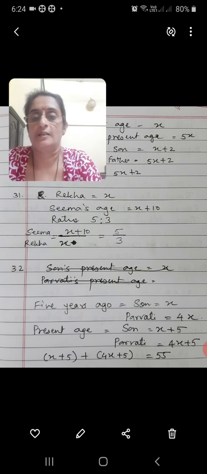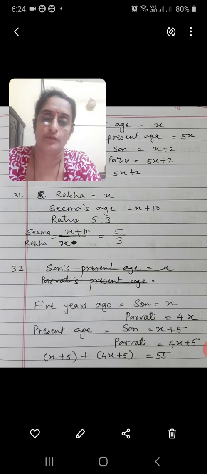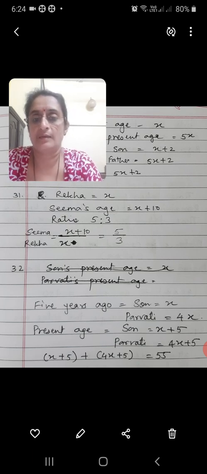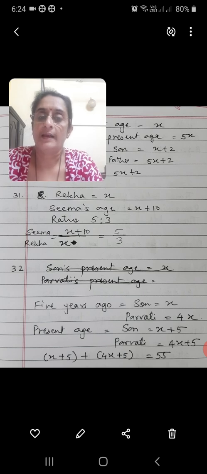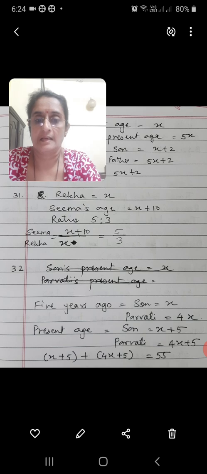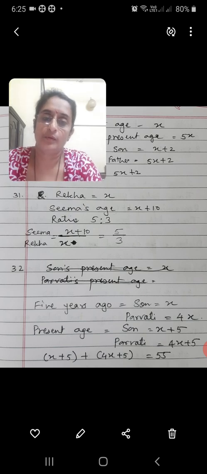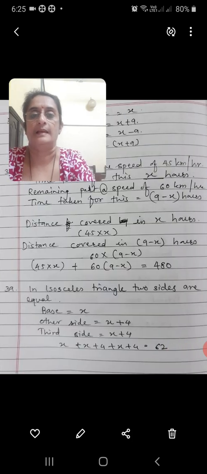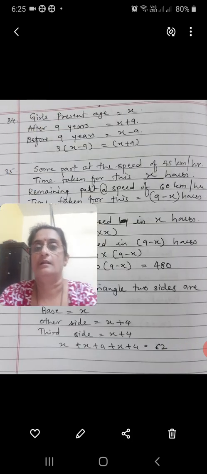So the present age of the son is x plus 5, the present age of Parvati is 4x plus 5, and if you add both of them, that is equal to 55. Open the brackets and find the x value, that is the age 5 years ago. You have to find the present ages, so you have to add 5 to both and you will get the present ages. Now let us go to the next question, that is the 34th one.